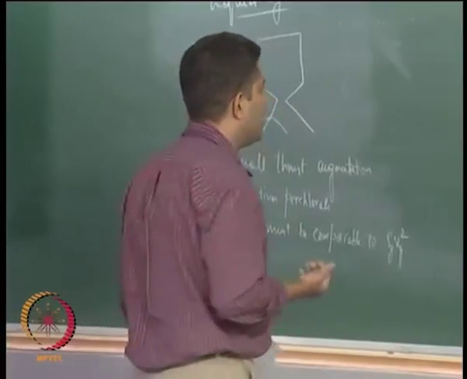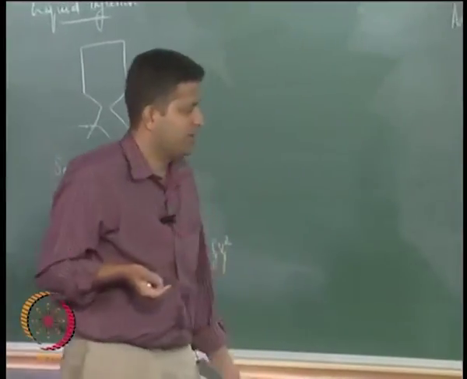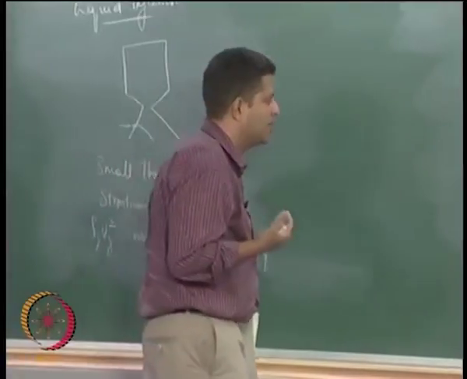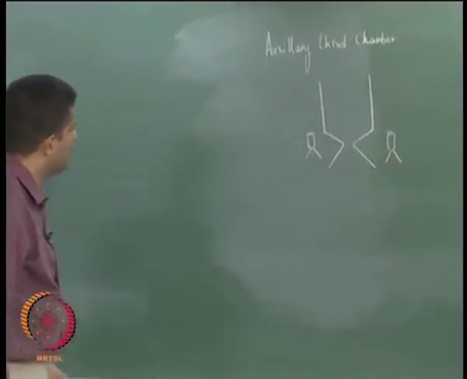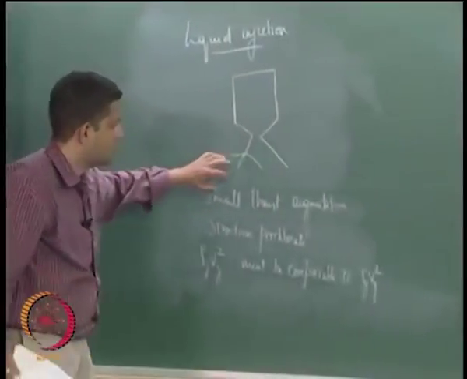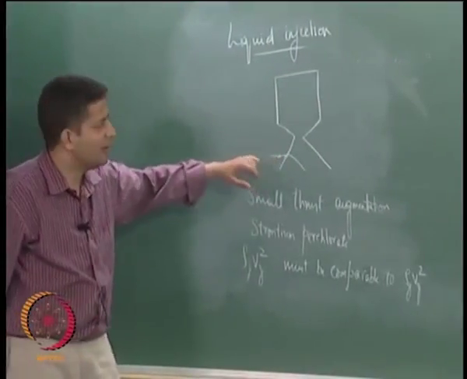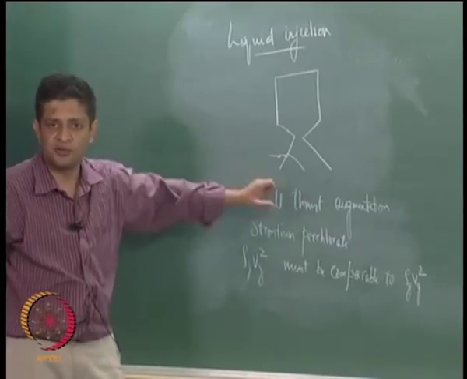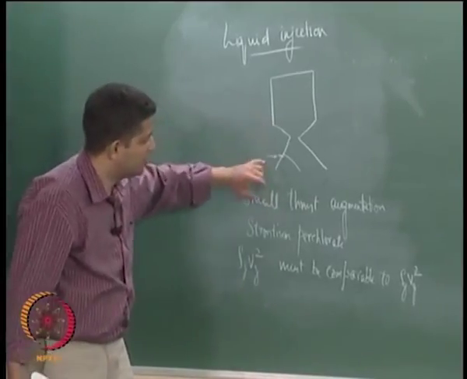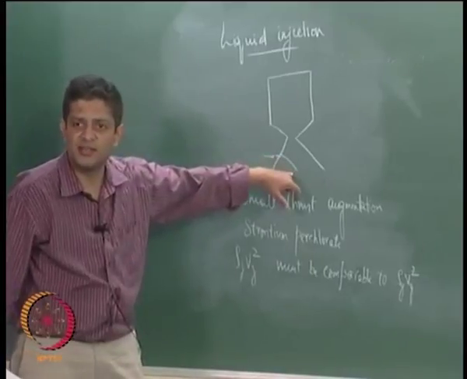Okay, so the only other thing that people have thought of using but not yet looked at is, instead of using a liquid, let us say one has a small liquid rocket motor, and inject the exhaust gases here.